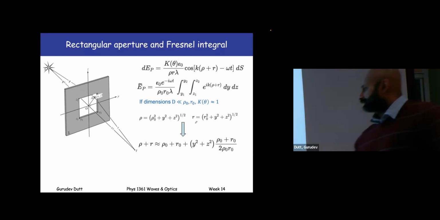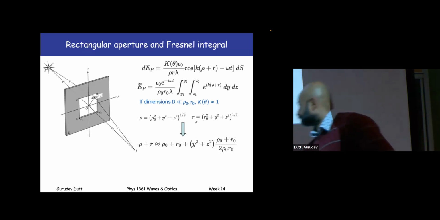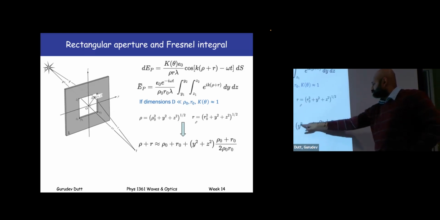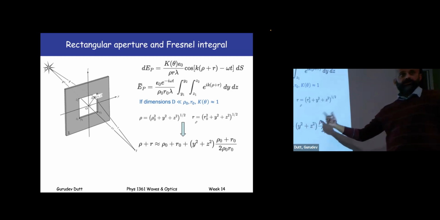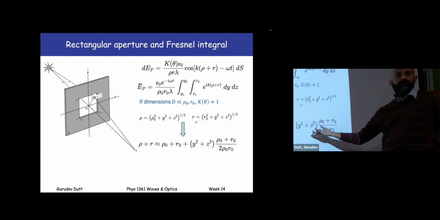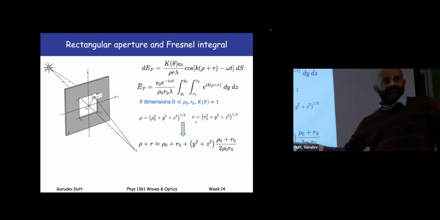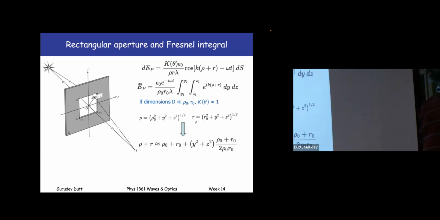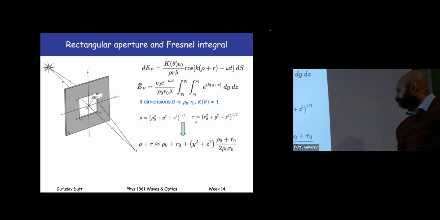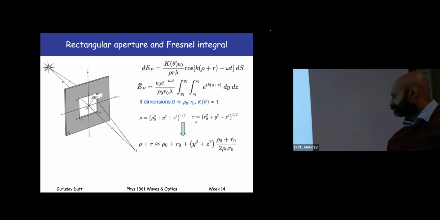You'll notice that this distance rho plus r, which we care about in the phase, depends on y and z through y squared plus z squared. So now it depends on the square of the coordinate, whereas in the Fraunhofer diffraction limit, it depended just on the linear parts, y and z, of the aperture variables. And so we have to find out what happens to these terms.